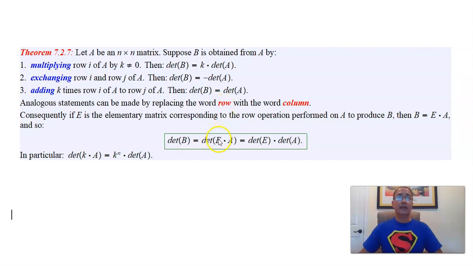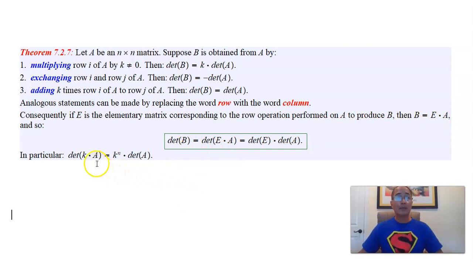So this told us that the determinant of B is the same as the determinant of the elementary matrix E times the determinant of the original matrix A. And of course, E times A gives us this new matrix B.